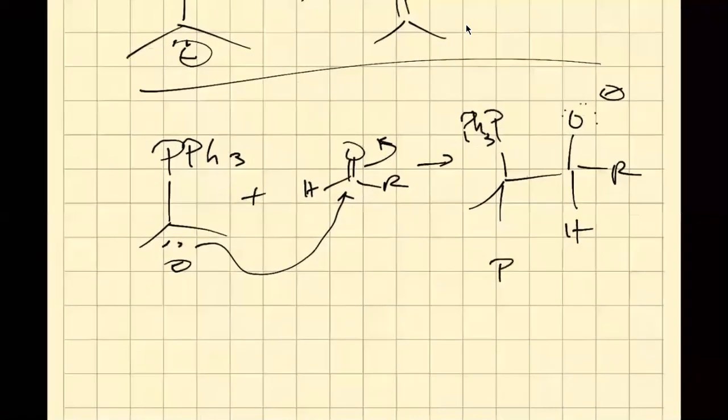So the betaine is here, and then what was proposed is that it collapses, right? So you make this P-O sigma bond because the bond between phosphorus and oxygen is a really strong bond.